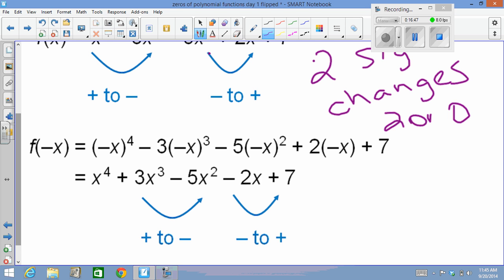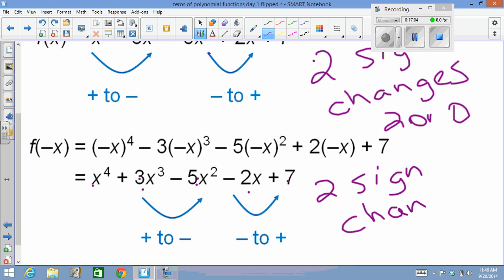So now again, I'm going to find my sign changes. I have positive to positive, which is no sign change. Positive to negative, which is a sign change. Negative to negative, which is not. And negative to positive, which it is. So again, now I have 2 sign changes. So if I have 2 sign changes, that means I have either 2 or 0.